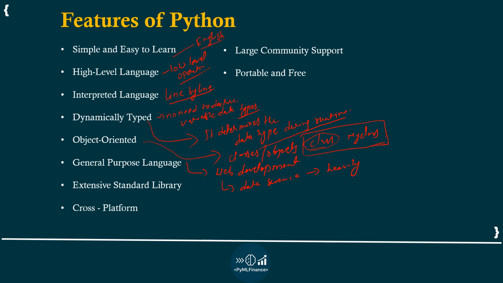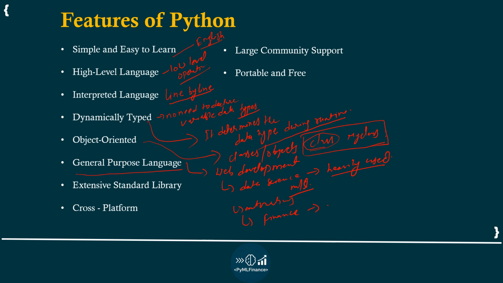Python is heavily used in data science and machine learning related tasks. Python can be used for automation. It can be used in financial applications, in finance. So it can be used in various fields, and hence it is called a general purpose programming language.